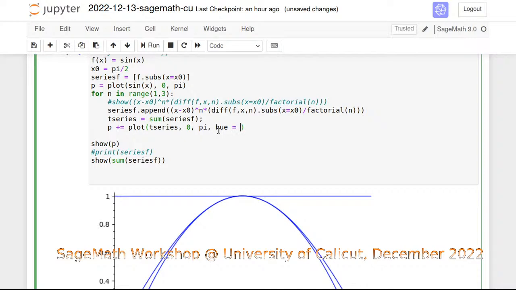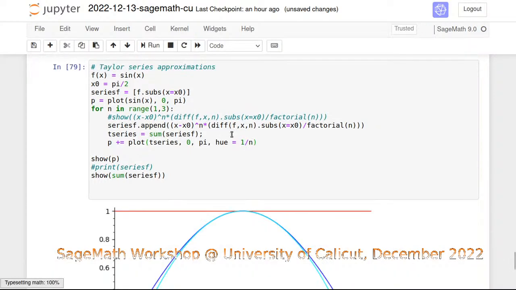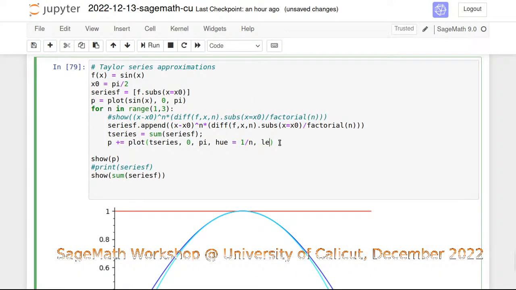Hue equal to 1 by n. So we have different colors. Now turn on legend. Approximation, maybe we can put n here.